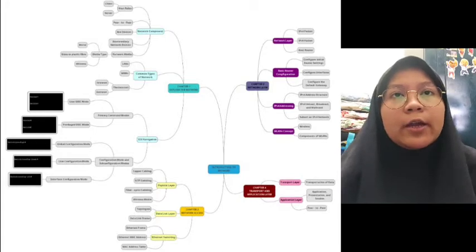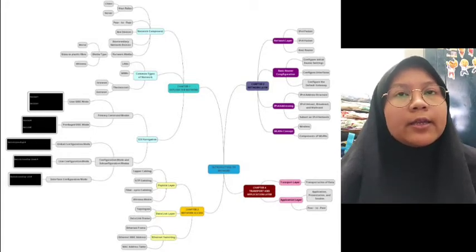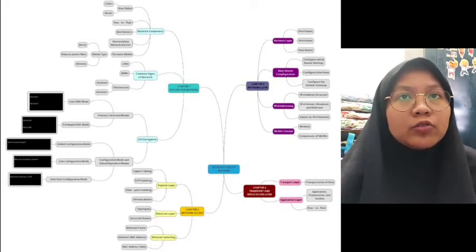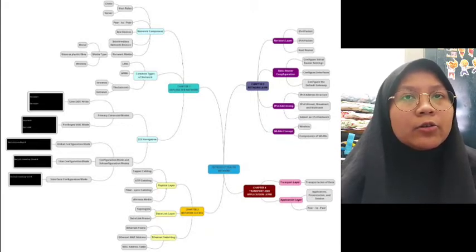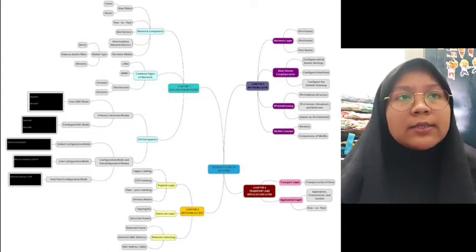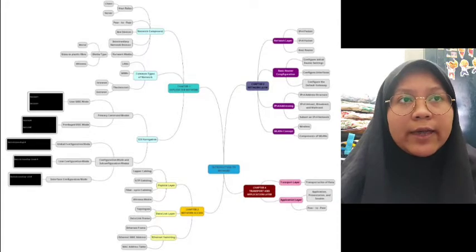In chapter 1, we have network components, which are host role, peer-to-peer, end devices, intermediary network devices, and network media. First, we're going to explain host role. Every computer on a network is called a host.